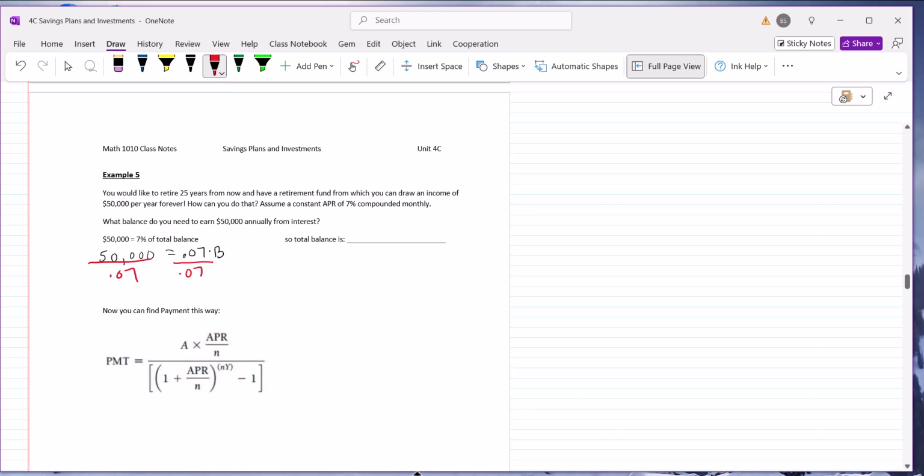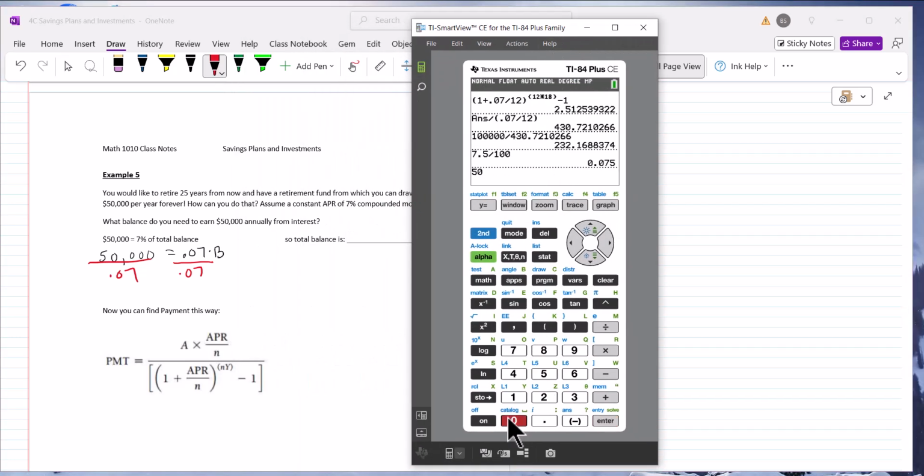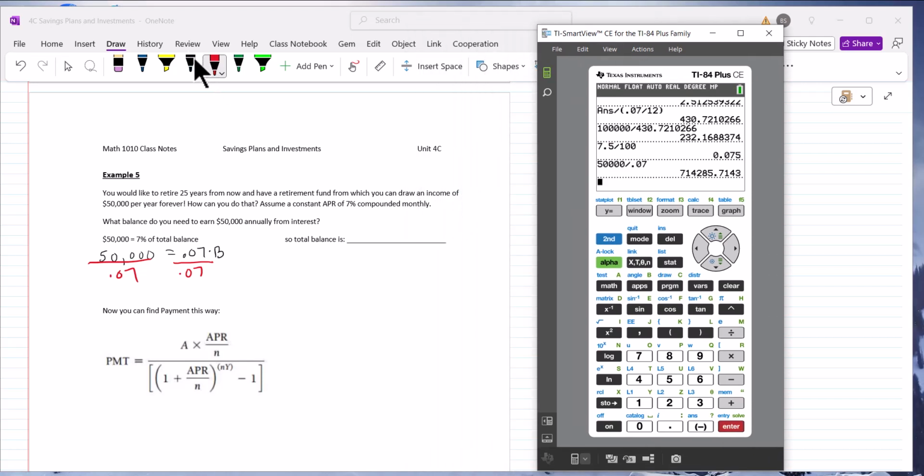Okay, so we're going to divide both sides of this equation by 0.07. Okay, so I'll just pull up the calculator, and if I do that, I've got 50,000 divided by 0.07. This will give you the total balance that we have to come up with. So this is going to be B is equal to $714,285.71.